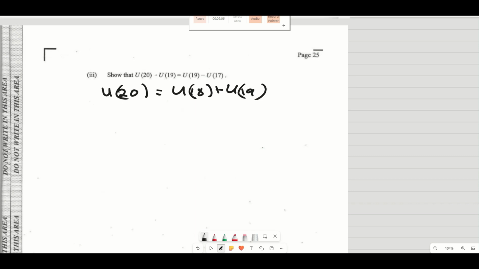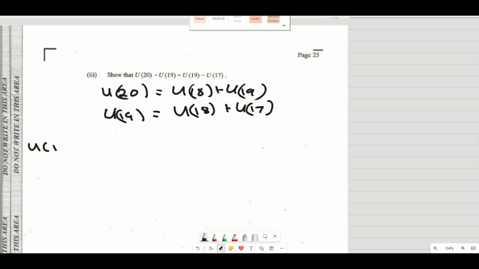And then u19 would be equal to u18 plus u17. So in the place of 19, you're going to put this. So instead of u20, you're going to put this.